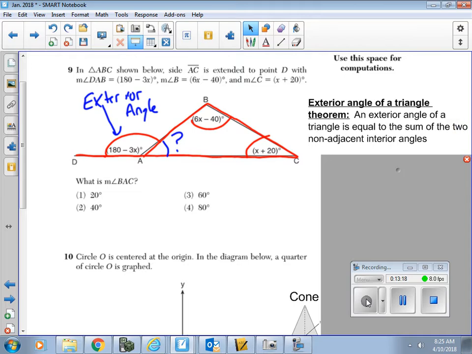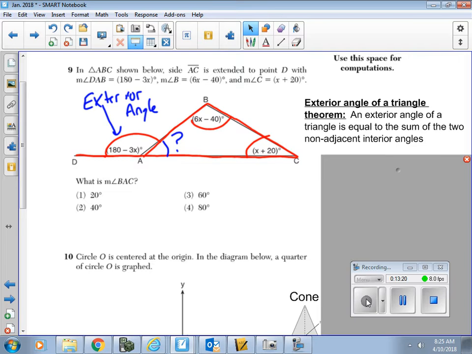The exterior angle of a triangle is equal to the sum of the two non-adjacent interior angles, all right? So this angle on the outside, this one here, is equal to the sum of these non-adjacent ones, the ones it's not attached to.